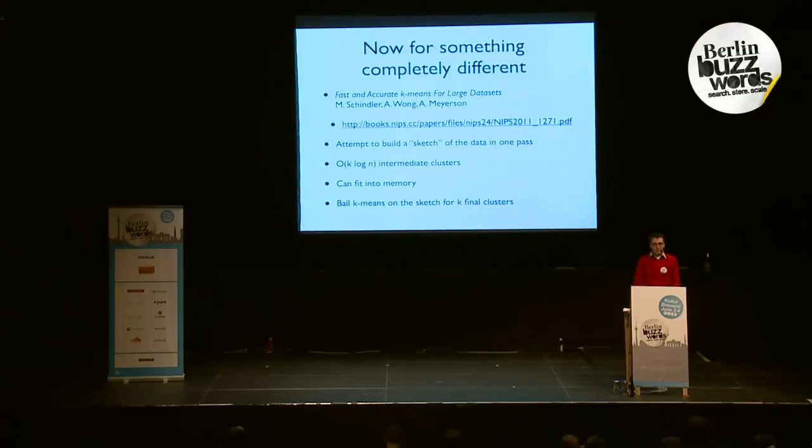The idea is, instead of clustering the large data set that you have, you want to cluster a smaller one, right? So what you want to do is build a sketch of the data. A sketch of the data is basically you do a clustering, but with more than k points probably, and each intermediate cluster is going to be a representative for the points in that cluster, each intermediate centroid, sorry.